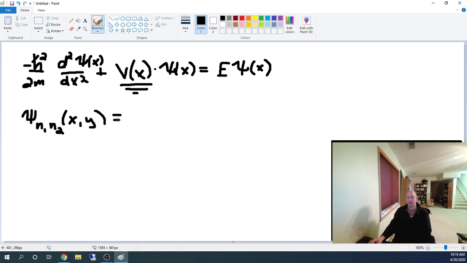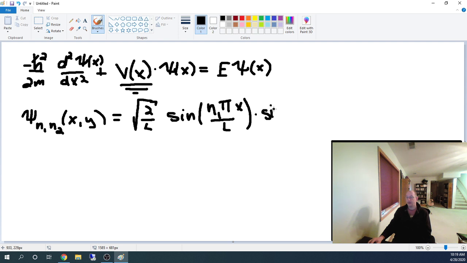The wave function is, I think, still the square root of 2 over L, the normalization constant, times the sine of n1 pi x over L, let's say it's a square box so that L is the same in each direction, times the sine of n2 pi y over L, n2 being the quantum number associated with y.